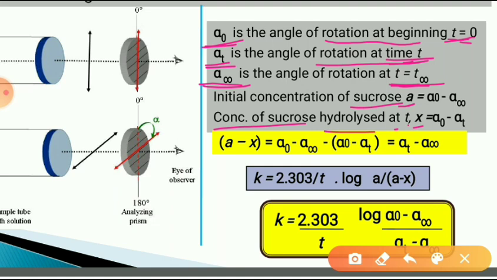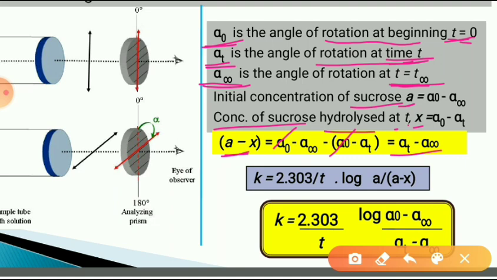From these, we can calculate the value of a minus x. Just put the corresponding values of a and x, and alpha 0 gets cancelled, and we get alpha t minus alpha infinity.